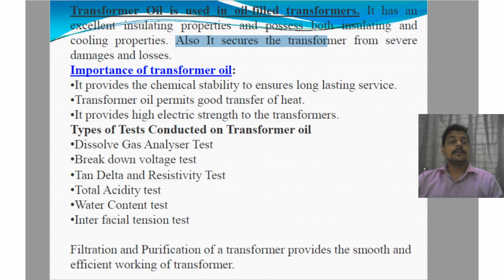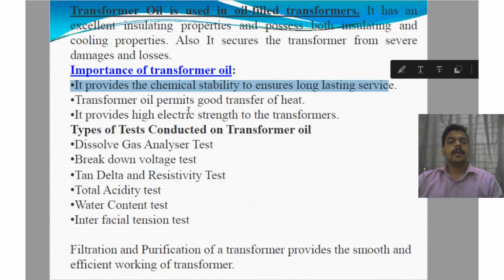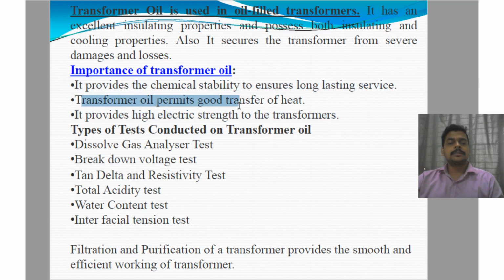Now, what is the importance of the transformer oil? It provides chemical stability to ensure long lasting service. Transformer oil permits good transfer of heat. It provides high dielectric strength to the transformer.